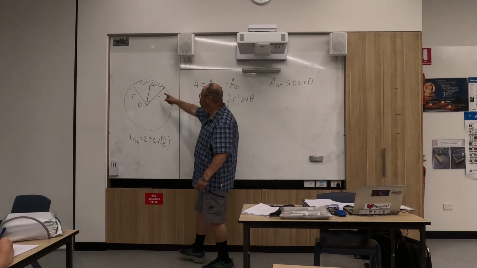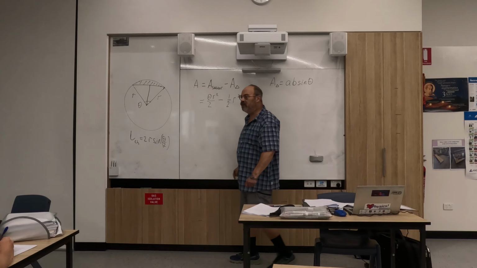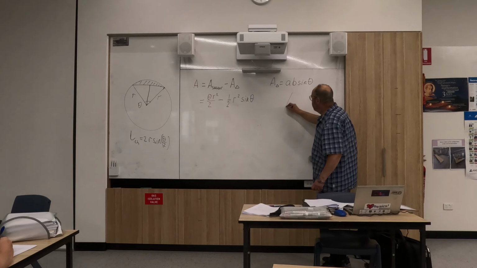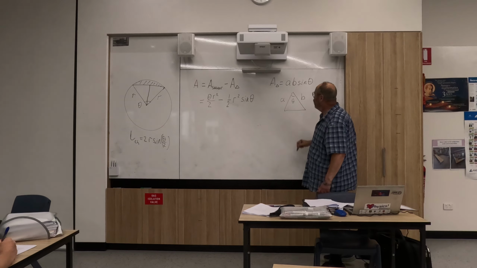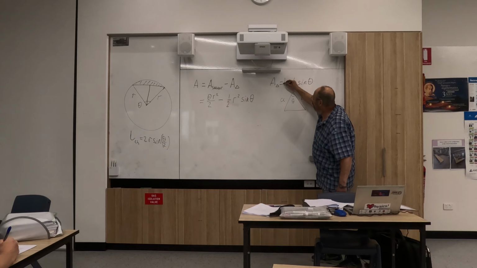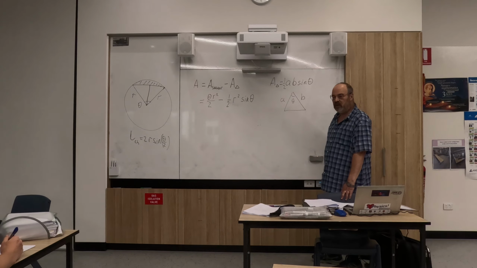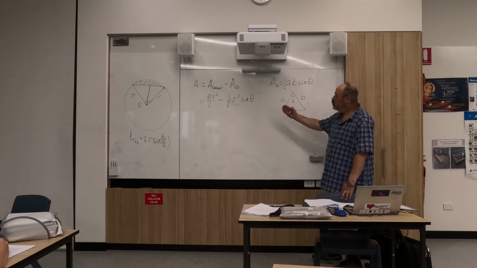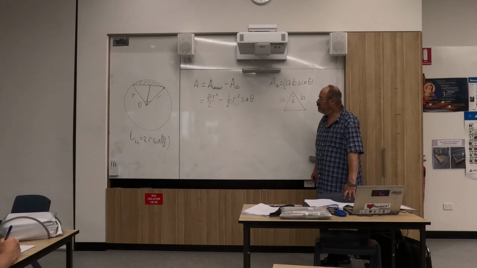When we have triangle AB with angle theta, the area of the triangle is 1/2 AB sine theta. So this is the formula if you know the radius and the angle.